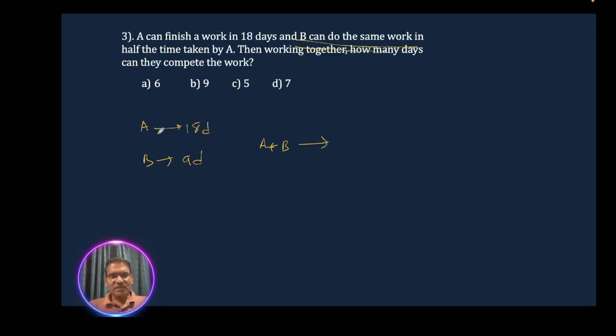If the information is given in this direct form, A plus B can do the work in how many days? That is the product of these two divided by the sum of these two. That is 18 into 9 divided by 18 plus 9. So this is 18 into 9 divided by 27, 3 times this is 6. A and B both can do the entire job in 6 days, right? 6 days is the correct answer.